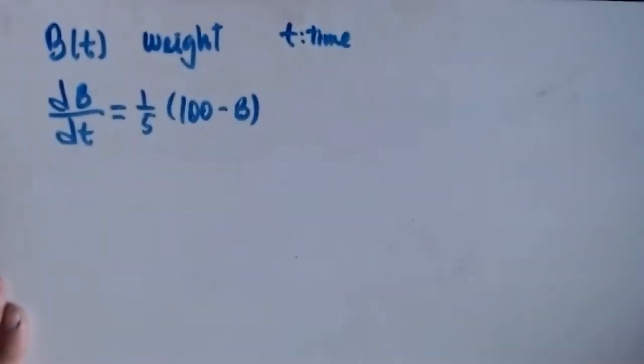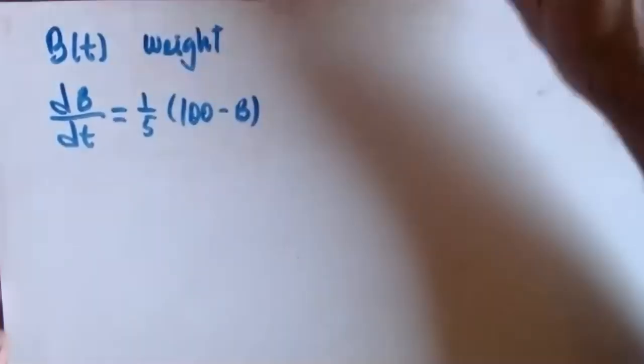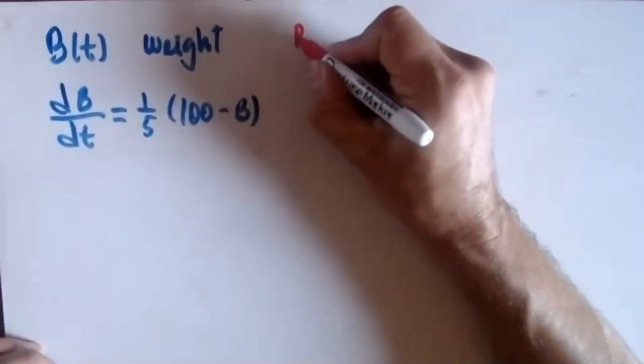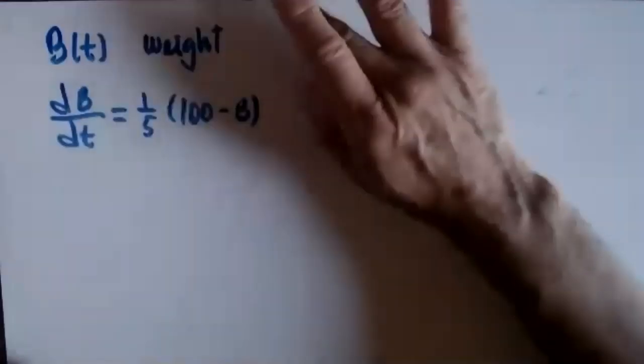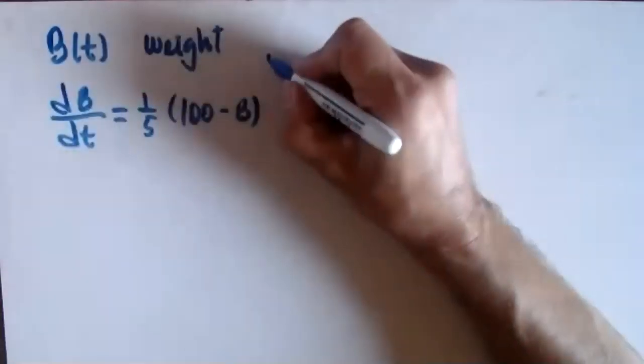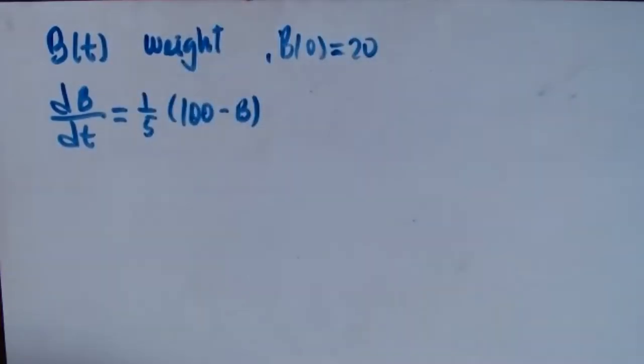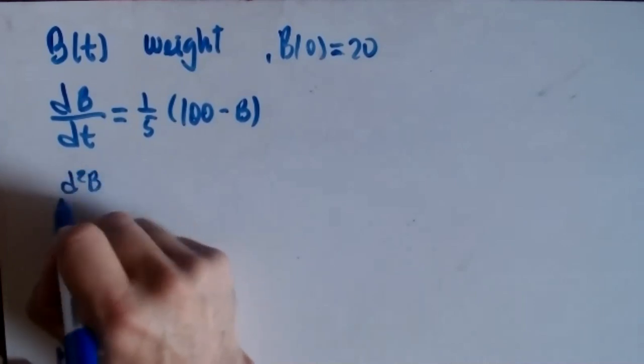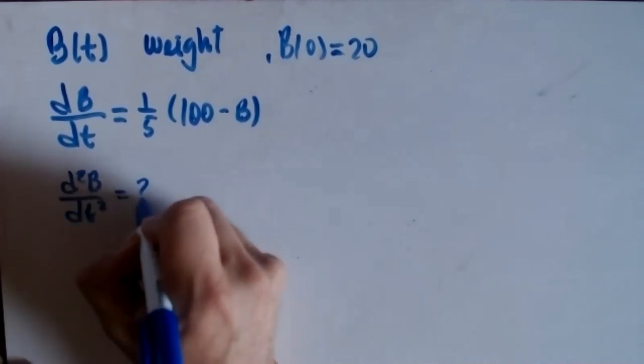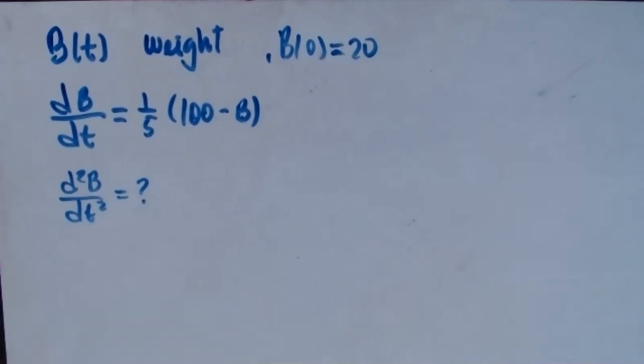Let me erase this portion right here. Let me just put here b of 0 equals 20, correct? So this is the initial condition. We're going to use that later. So I need the second derivative. How do you find the second derivative?